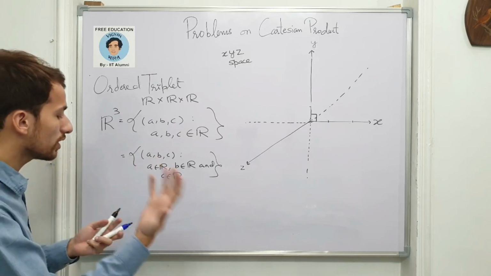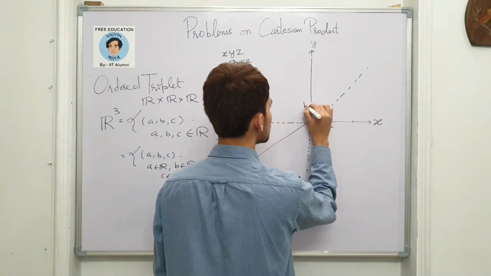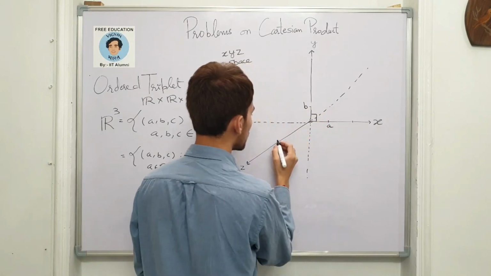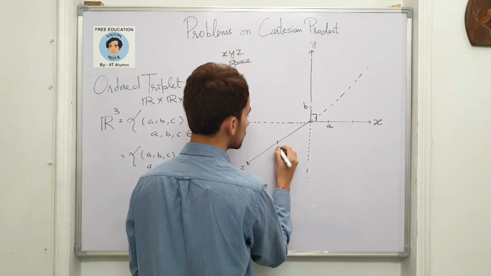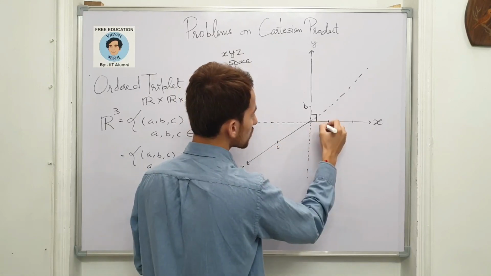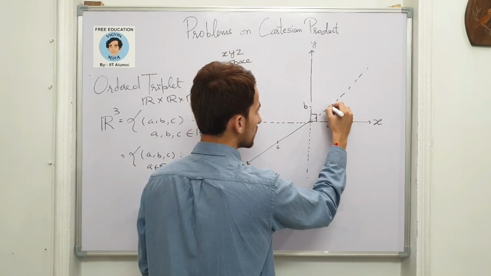Any point now, any point. What is ABC basically? Suppose there is some A here, there is some B. Mark some point somewhere on this z-axis, maybe somewhere here, C. So these two points A and B were lying over here.